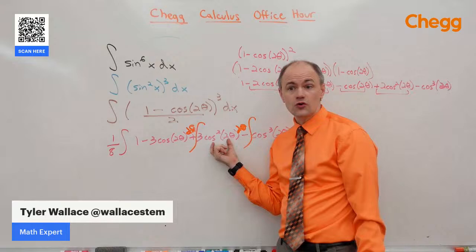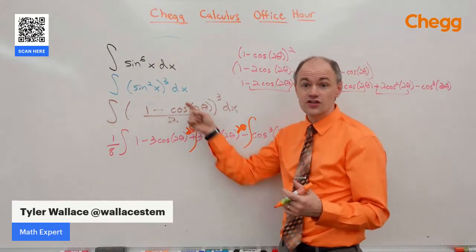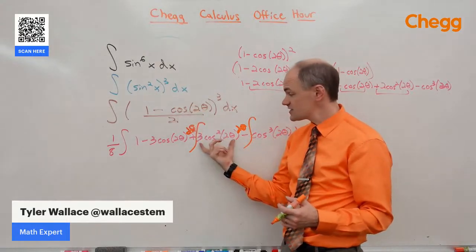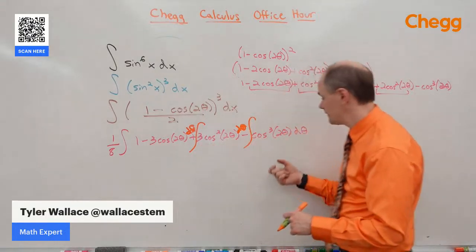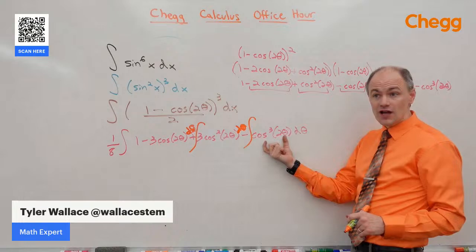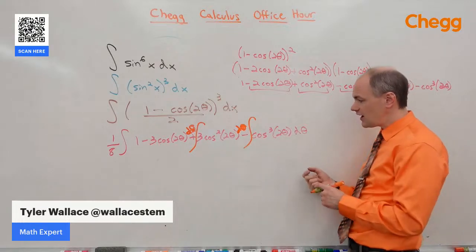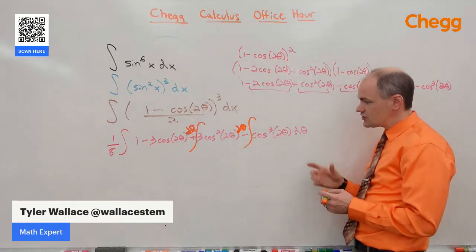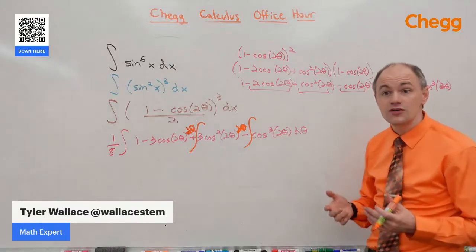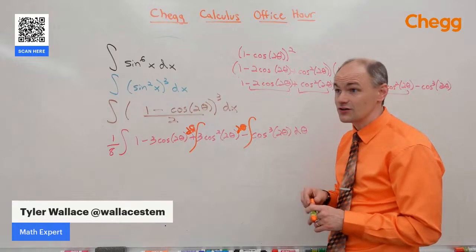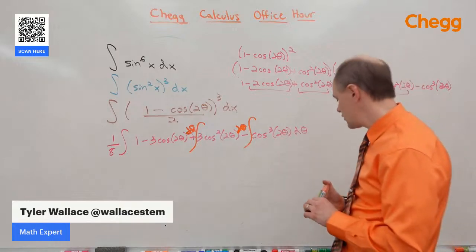This cosine squared, we're going to do that exact same strategy again using this exact same formula to expand this out. And so it's going to become 2 separate integrals as well. The cosine cubed, I'm going to pull a single cosine off and change the cosine squared into 1 minus sine squared. And that's going to allow me to do a u substitution to do this last integral. So that's where I would go to finish this off.